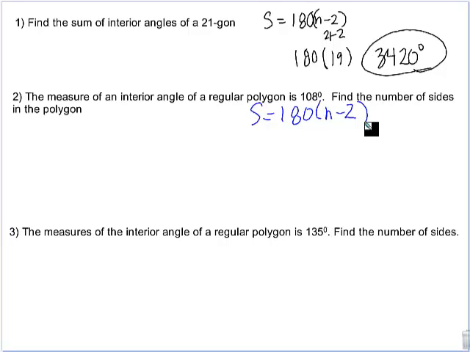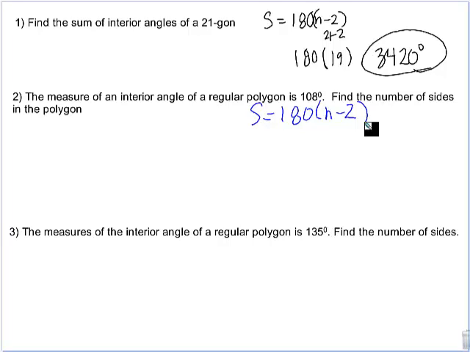So we're going to leave the right-hand side of this formula alone. We need to think about what the sum would be. If each angle is 108 degrees, how would we find the sum of angles using that 108? We'd have to multiply it by how many angles there are. Does the number of angles in a polygon equal the number of sides?